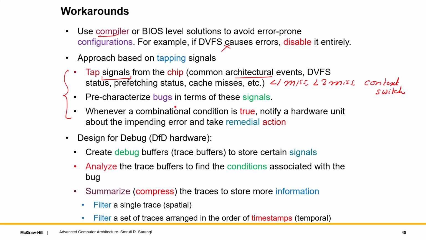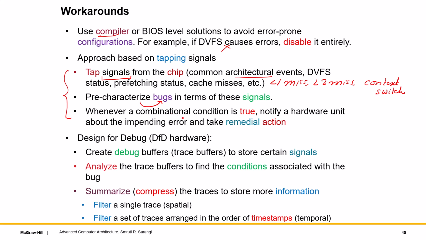So then what we do is that whenever we find a bug, and a bug can be detected much later after a processor is released, we can pre-characterize these bugs in terms of these signals. In terms of these signals, we can say that a certain combination leads to a bug, or let's say may lead to a bug, but we are sure that the bug will not happen if this combination doesn't hold.